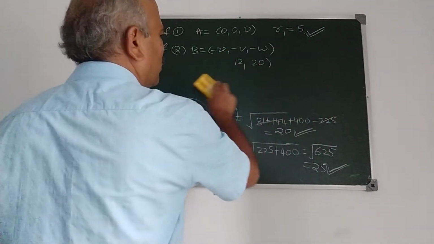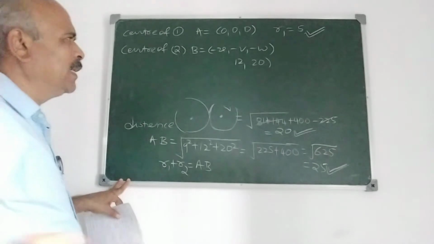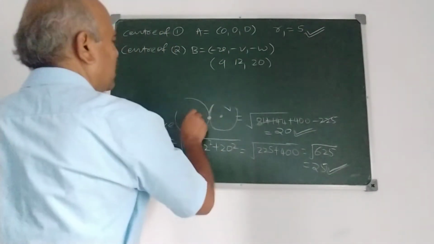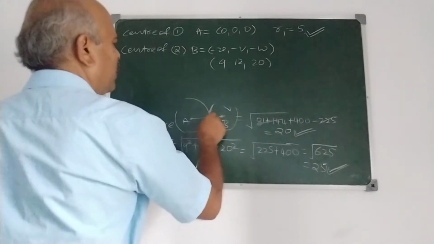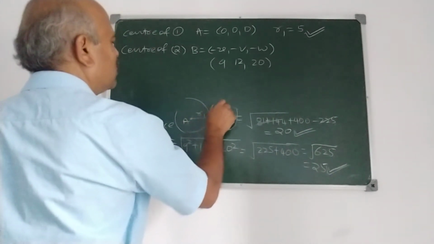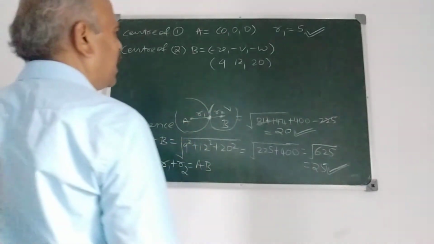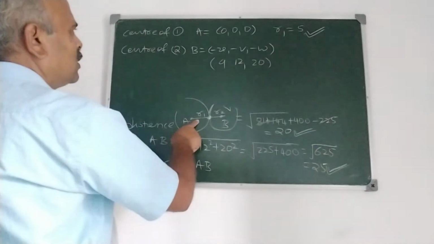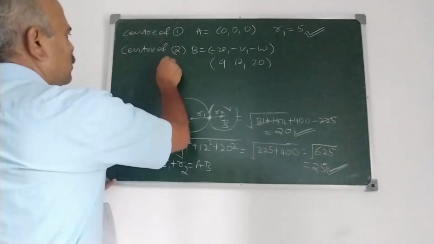How to find out the point of contact? This point of contact divides AB internally in the ratio R1 is to R2. What is R1? I take R1 is 5.